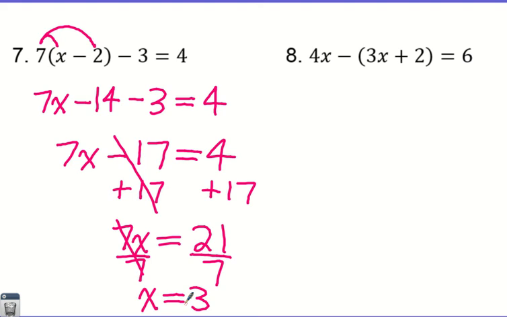Oh, what the? How am I going to clear these parentheses? What is being multiplied to, what is directly outside of this bubble of 3x plus 2? These couple of terms in the parentheses, what's directly in front of the bubble?